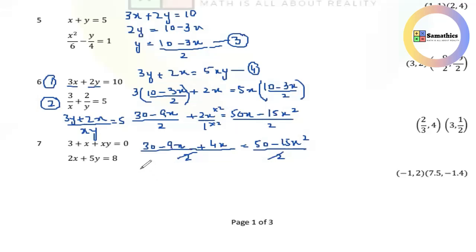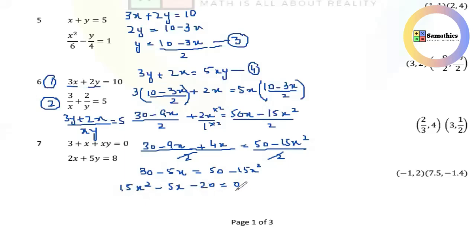So now we have here 30 minus 5x is equal to 50 minus 15x squared, right? And then we will bring this 15x squared on this side. So 15x squared minus 5x, and then 30 minus 50 would be minus 20, is equal to 0.